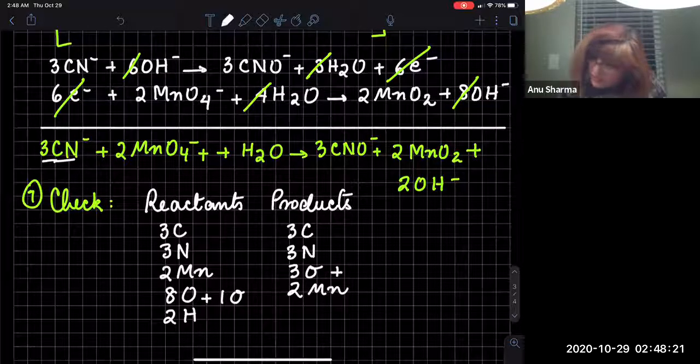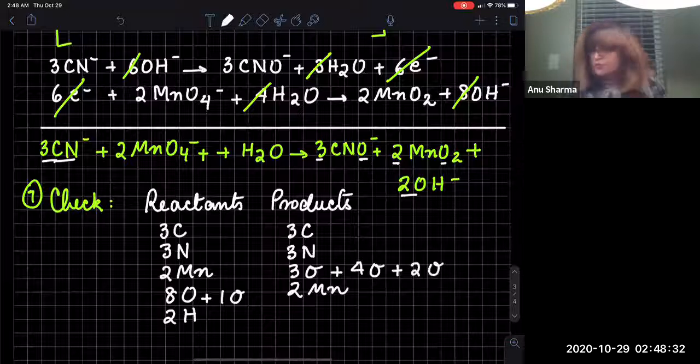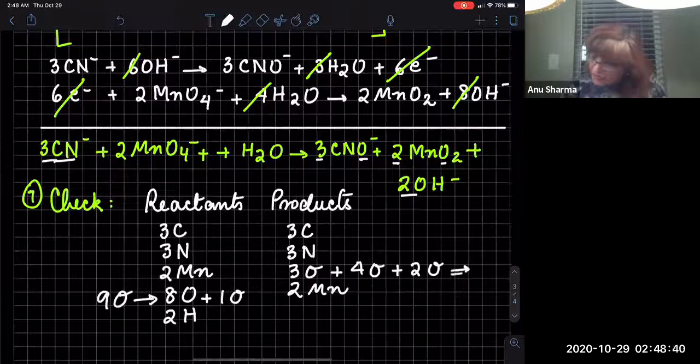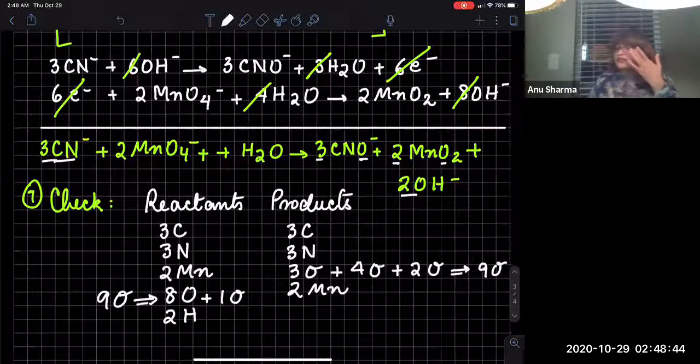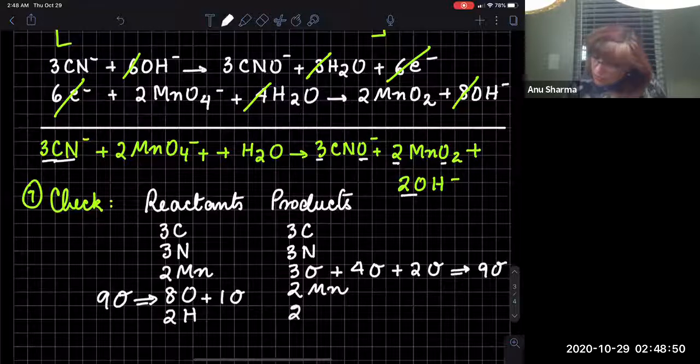So 3 oxygens, this 3, and 2 and 2 is 4, plus 4 oxygens, and then 2 oxygens more: 7, 8, 9. So that's equal to 9 oxygens here, and this is also equal to 9 oxygens. Then we have the 2 hydrogens.